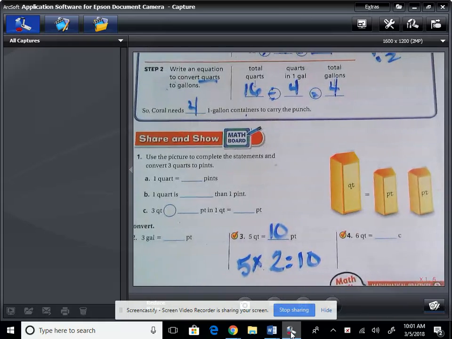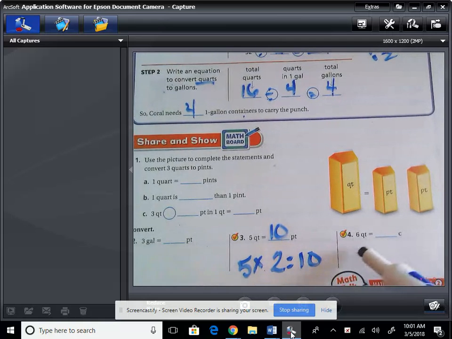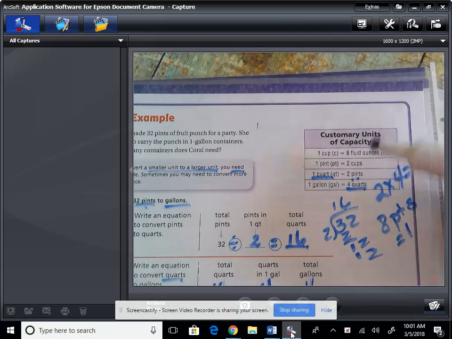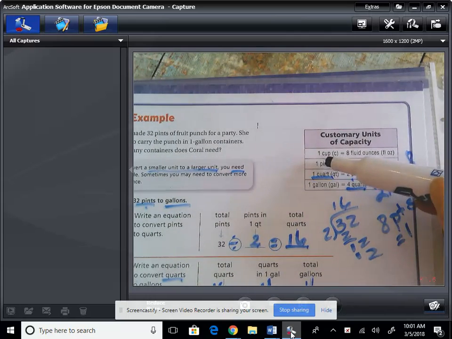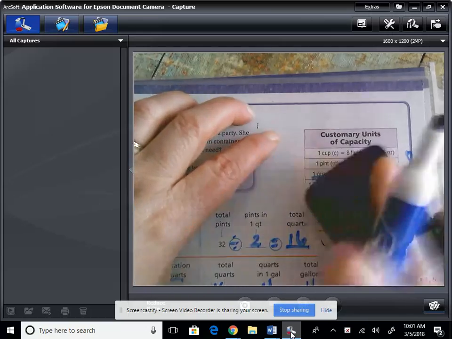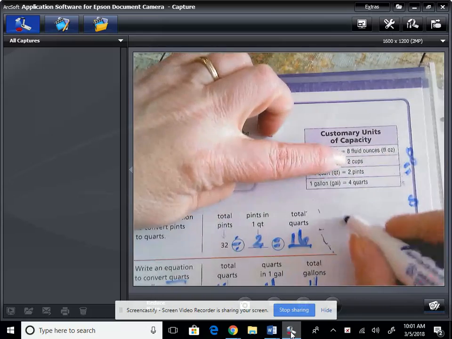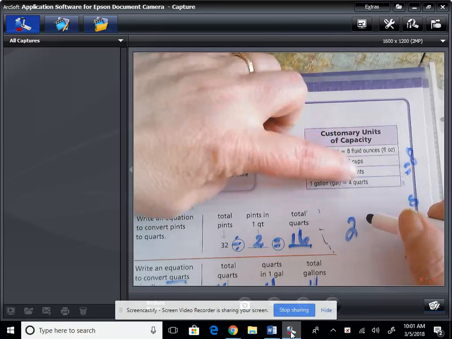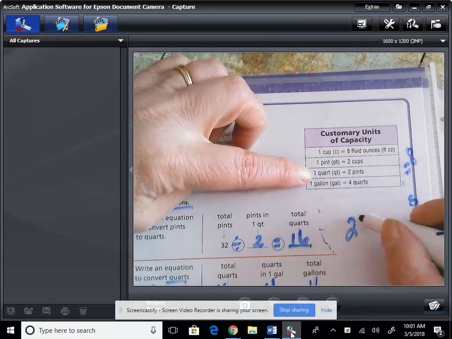All right, if I have 6 quarts equals how many cups? Well, I'm going to first figure out how many cups are in a quart. I know there are 2 cups in a pint, and there are 2 pints in a quart, so 2 times 2 is 4.